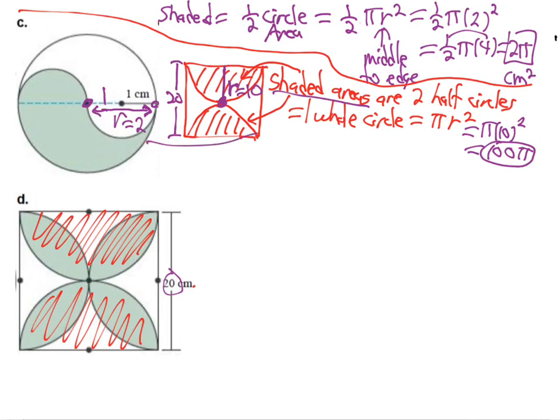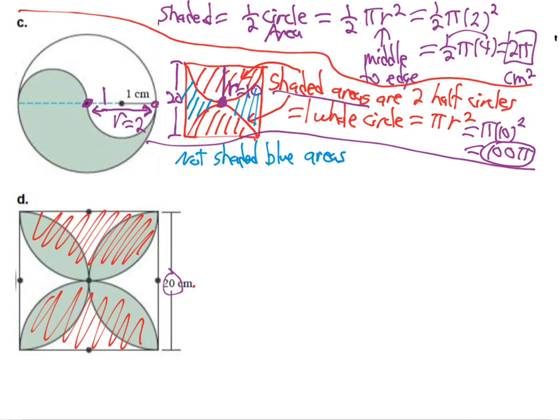Okay, so what does that mean? Well, that's just my first step. Now what I want to find is this blue area that's not shaded. So the not shaded blue areas.